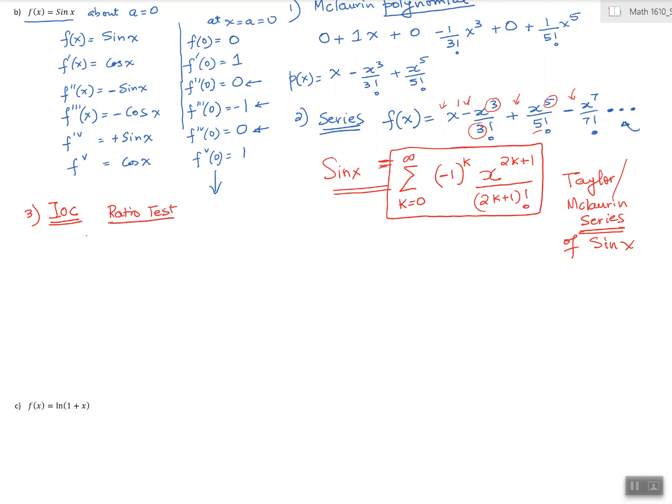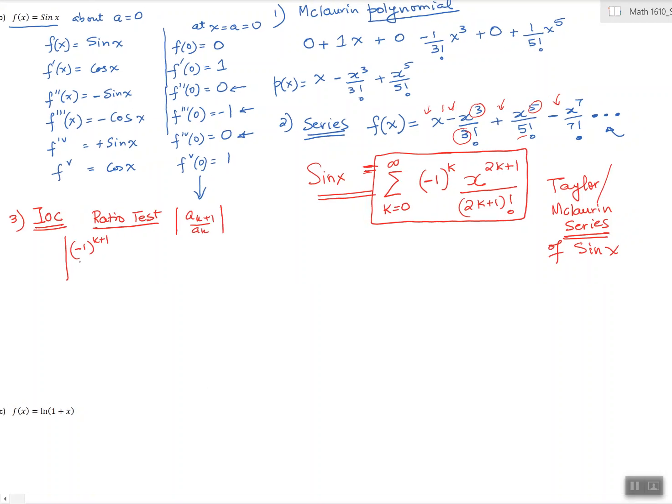We have done this, so let me do it this time. Negative 1 to the power k plus 1. This is a k plus 1 over a k. So then x raised to the power 2 times k plus 1 over 2 times k plus 1 plus 1 factorial, and then you have 2k plus 1 factorial over x to the power 2k plus 1.